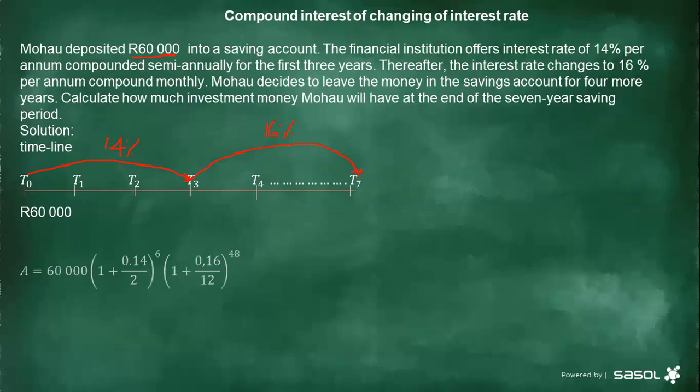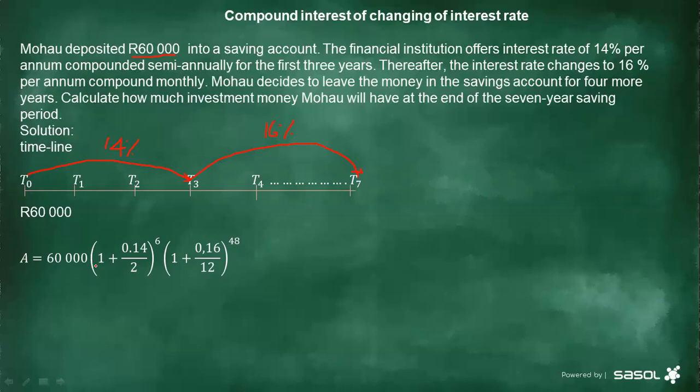You start by writing the formula for compound interest, then you substitute the money. P is the initial amount that was deposited, which is 60,000. And now we first have the first bracket. Let me just explain. You say 1 plus, now the first, we have to calculate from the first year up to the 3rd year.